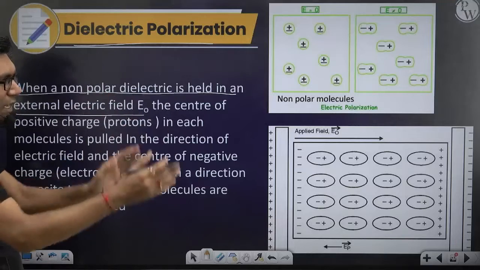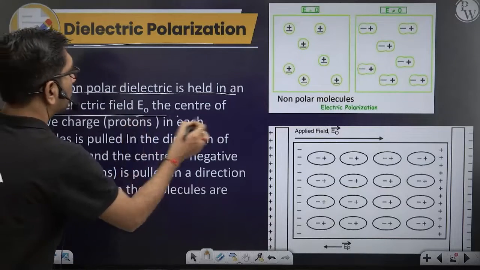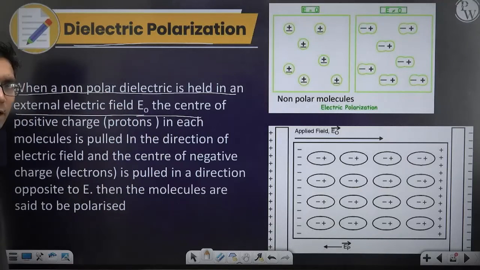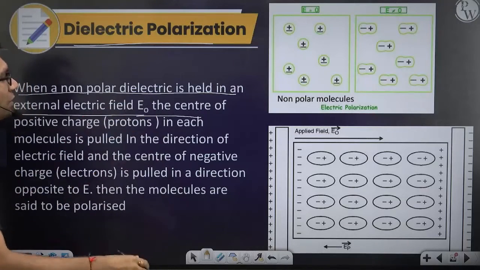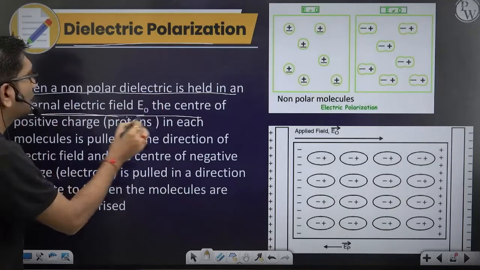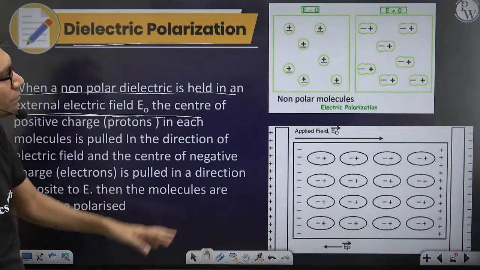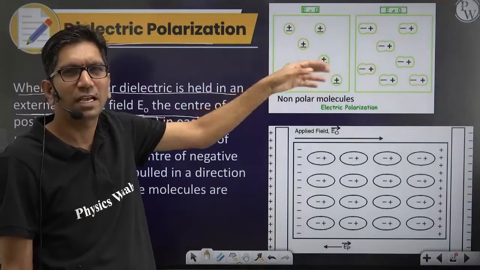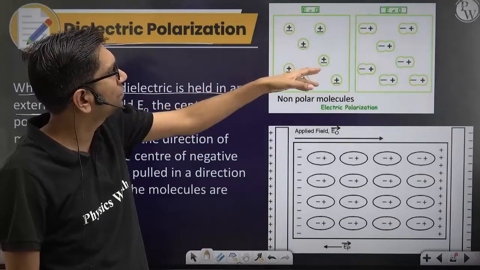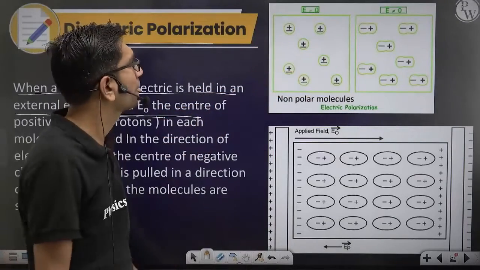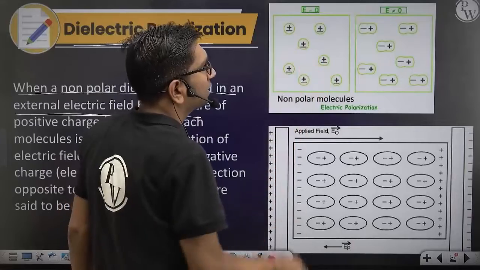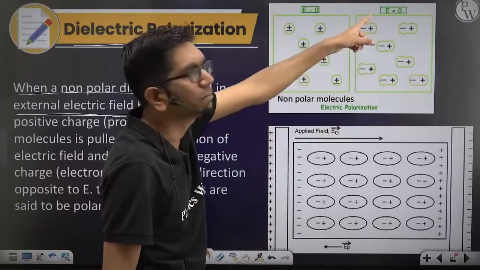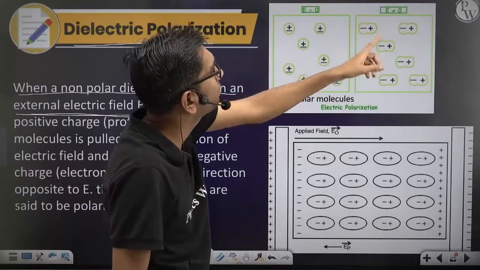First I am taking a non-polar one and keeping it in an external electric field E naught. Based on the diagram also you can conclude this. Here there are no dipoles. If the external field is applied, they get separated like this.